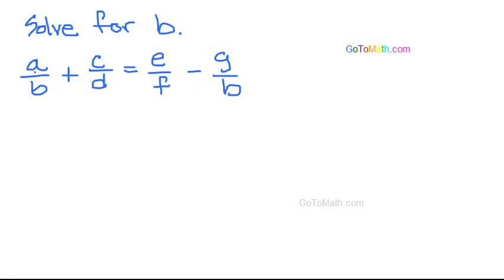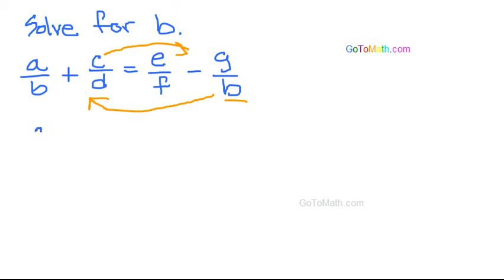Alright. Well, we have an A over B, a G over B, and what I'm going to do is just go ahead and take this over to this side of the equal sign, and we'll move the C over D over here to the right. And the reason we're doing that is because we have a B here, and so we'll end up having two fractions that have the same denominator.